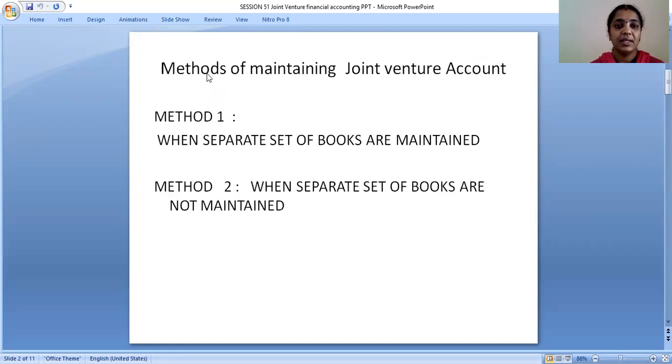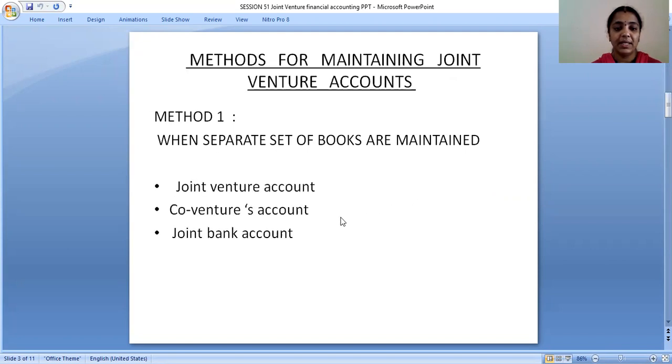In the case of joint venture, there are two methods for the calculation. The first method is when separate set of books are maintained, and the second method is when separate set of books are not maintained.